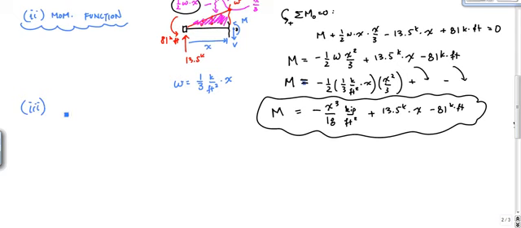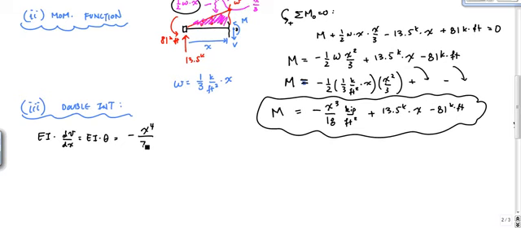So if I integrate this one time, or take the antiderivative, I would get EI times dv/dx, which is the same as EI times theta, the slope, which is minus x to the 4th over 18 times 4, which is 72, kip per foot squared.